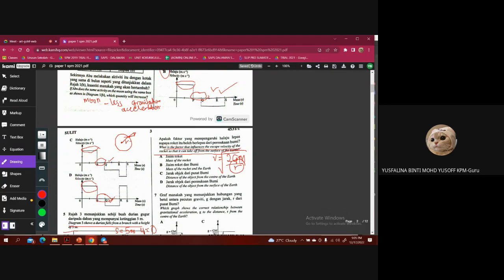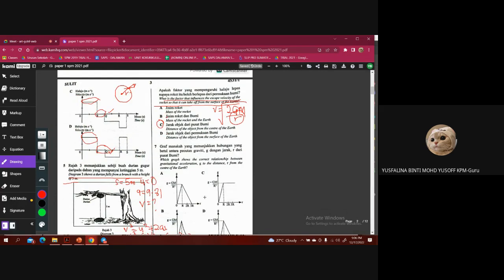It can be changed because our Earth is not totally a circle. It's a sphere, which means there's a change of the radius. So what is the factor? Of course, the distance of the object from the center of the Earth. The answer is C.